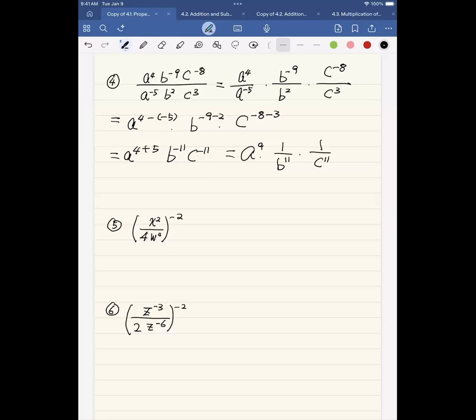I said this can be regarded as a to the ninth power over 1. So we multiply the numerators together and denominators together to get a to the ninth power over b to the 11th power times c to the 11th power.